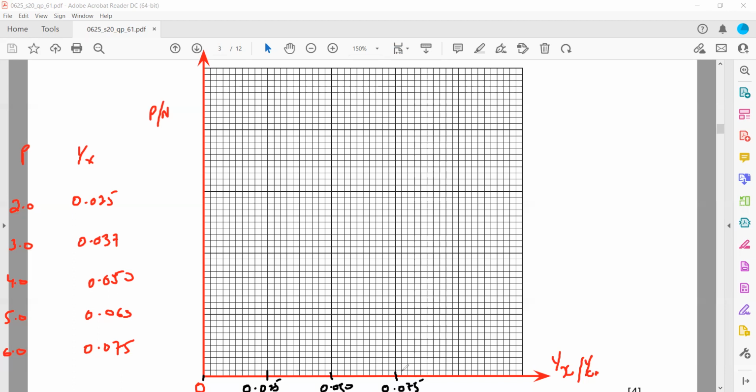0.075. But if I select this scale, as you can see, this scale is not covering about 70% of the graph paper. So I should increase the size.